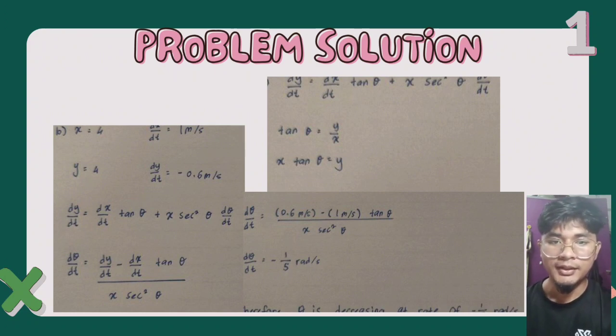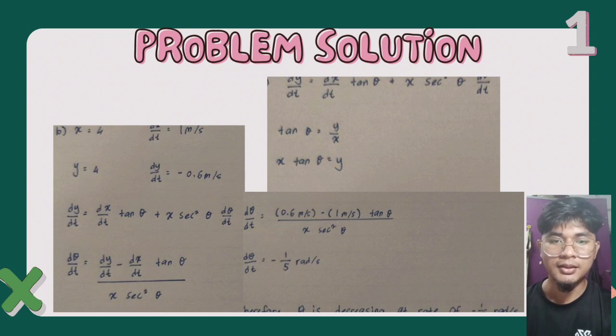And then for the B, the question shows that the info is X equals 4 meter and increasing at 1 meter per second, while Y equals 4 meter and decreasing at 0.6 meter per second. And how fast is the theta changing at that instant?